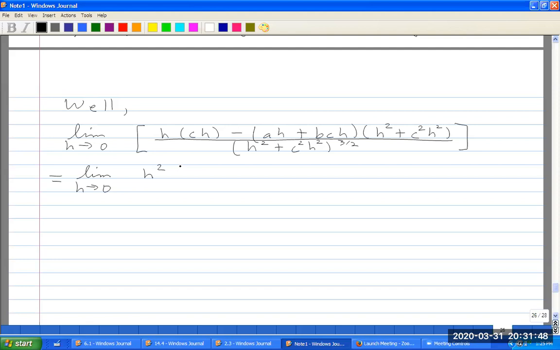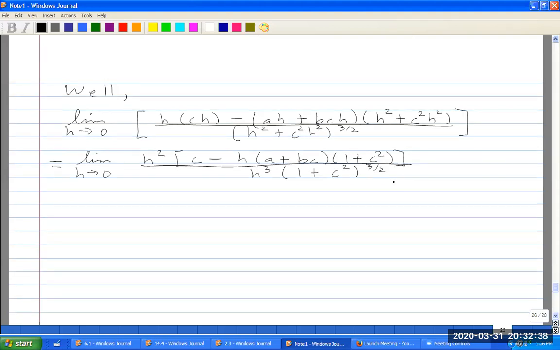What remains is c minus h times a plus bc, times 1 plus c squared, over, factoring out an h squared, h cubed times 1 plus c squared to the 3/2.